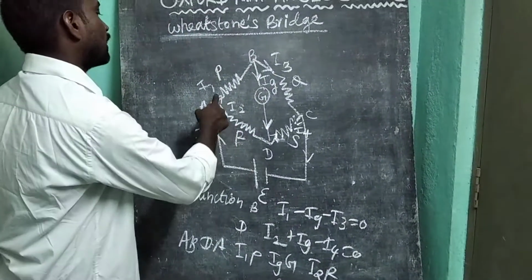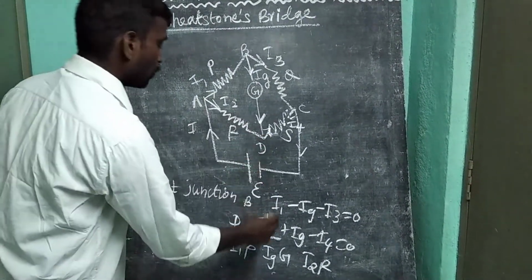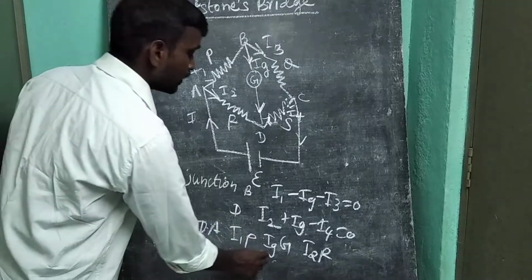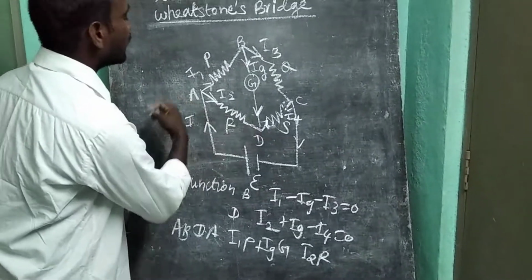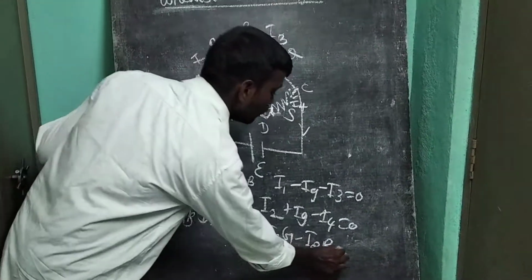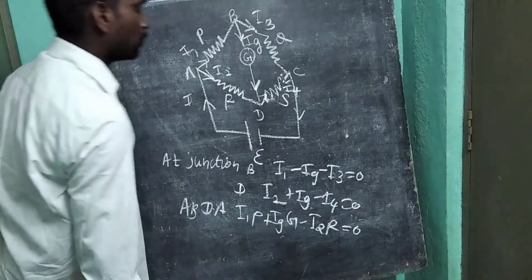I1 and Ig are in the clockwise direction, so both are positive. Then I2R is in the anticlockwise direction, taken as negative. So I1P plus IgG minus I2R is equal to 0.